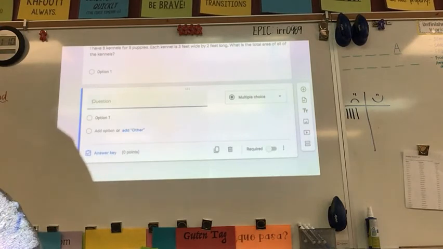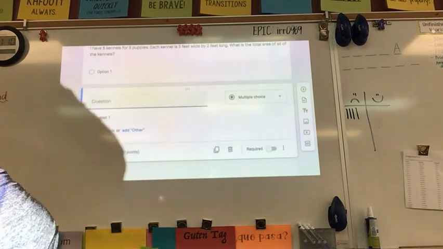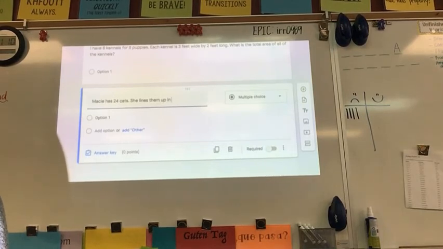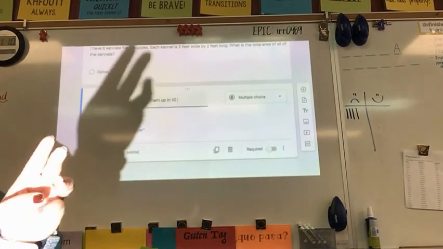Macy has 24 cats. 10 rows. So be careful. If I count by tens, can I get to 24?